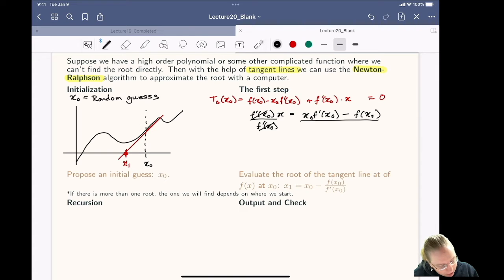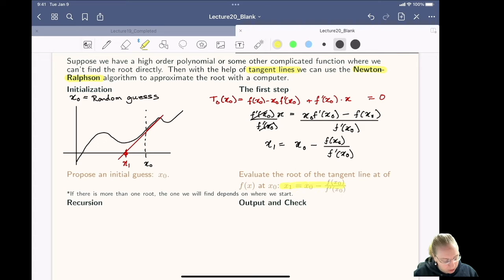We get that x1, our root of our tangent line, which is our new guess, is going to be the old guess minus f of x0 divided by f prime of x0. So this is the algorithm that we're going to use throughout: the new guess, the next step, is the previous step minus this ratio.